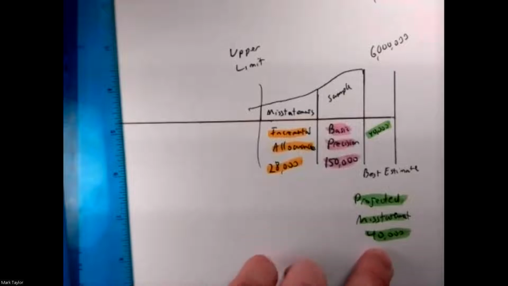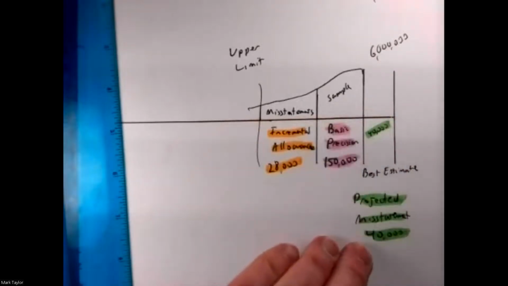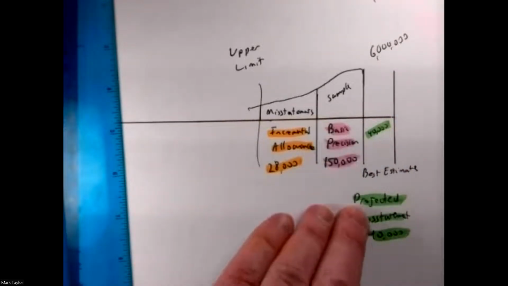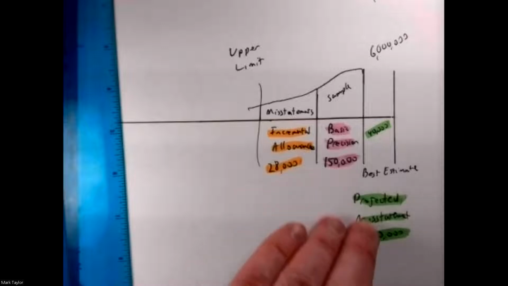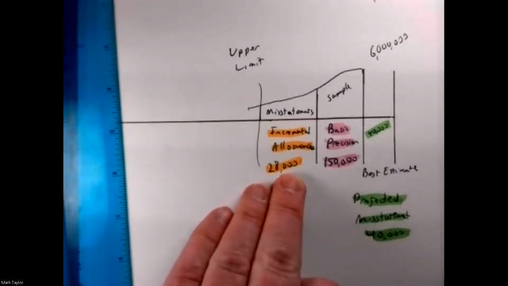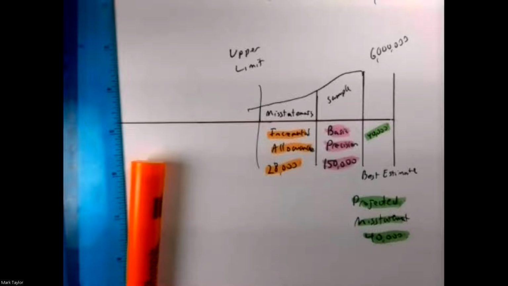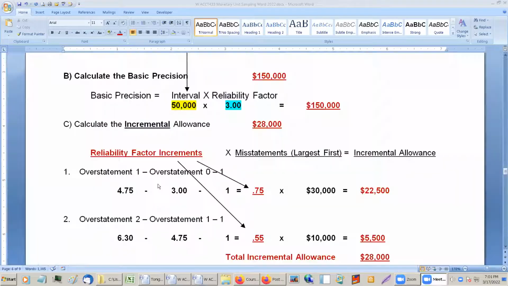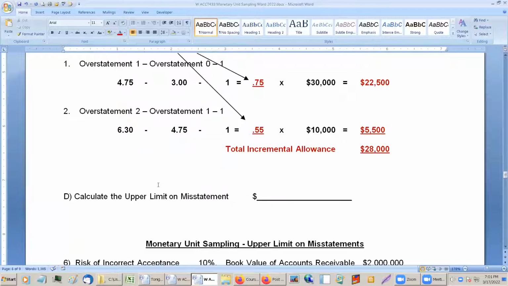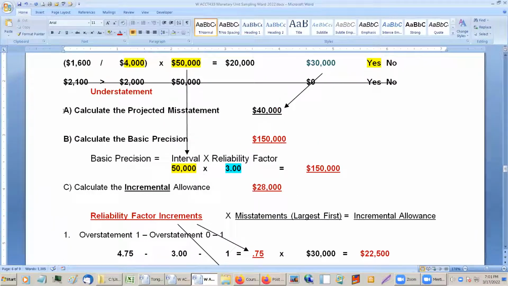So what we're going to do is say the total that this could be misstated by, our best estimate is 40,000, but it could be off by another, 40,000 plus 150 plus 28, whatever that comes out to. All right, let's see here. Copy these down.